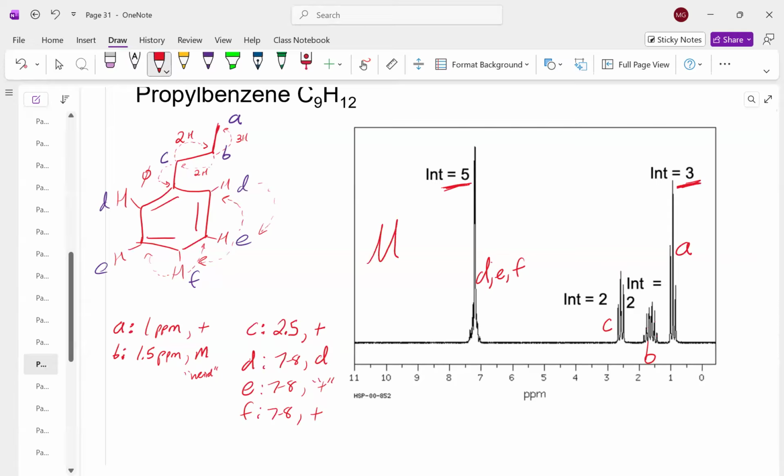We got a doublet in one case, we got a weird looking triplet in another case, and then we got a regular triplet here. And if you look at that, that kind of looks like that big mess that we see right there. One of the ways that I know that all 5 of them are overlapping is because the integration is 5, which is all of my aromatic hydrogens.